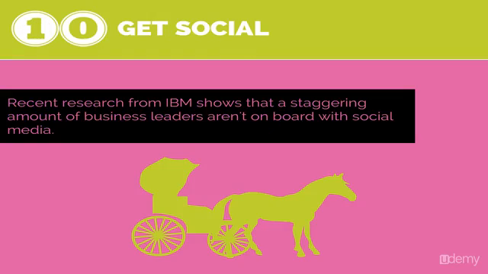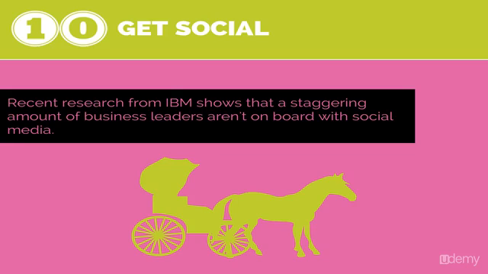Get all of your business on board with social, including those at the top. Recent research from IBM shows that a staggering amount of business leaders aren't on board with social media. Though it might be out of the traditional corporate comfort zone, buy-in from senior management is absolutely essential.